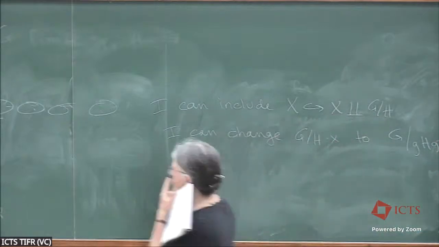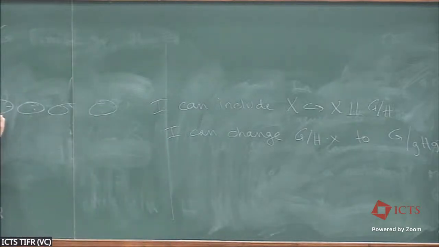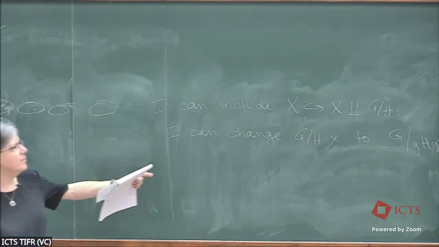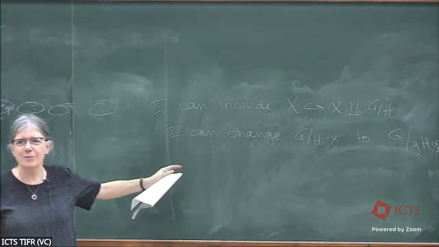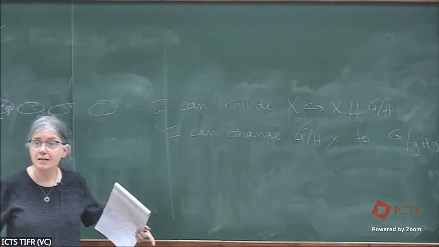So I had this orbit and I thought it was the orbit generated by x, but it could be the orbit generated by gx. But then of course the stabilizer changes. I'm not doing anything to the orbit. I'm just changing the way I look at it.